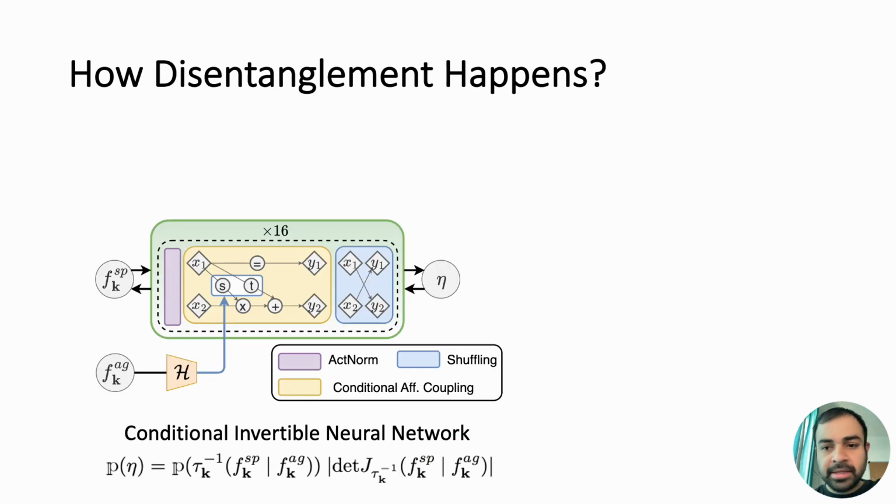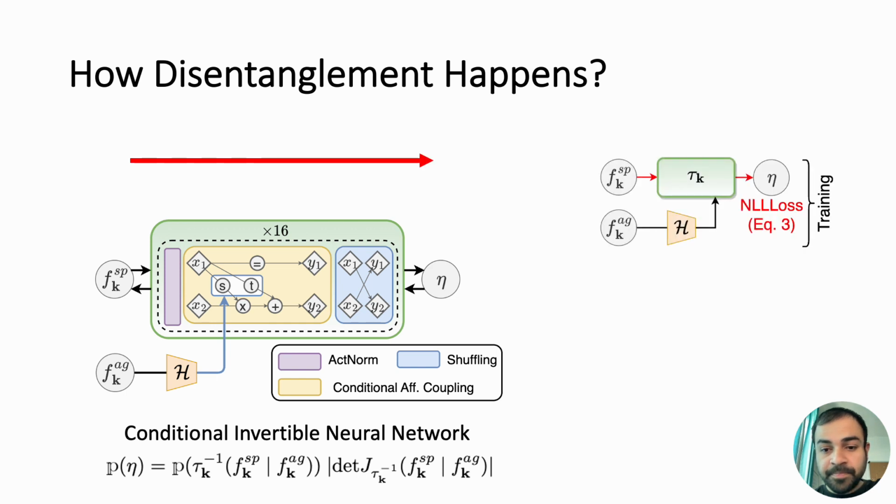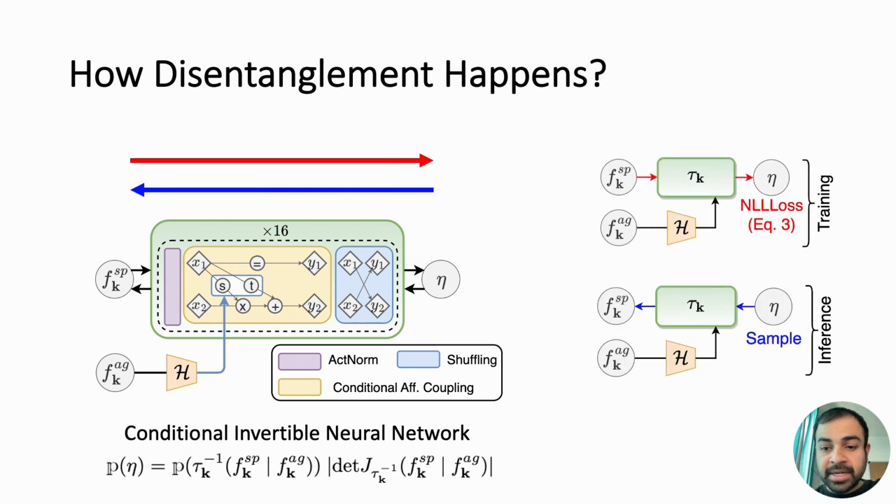Going a bit more technical, this disentanglement is achieved using a conditional invertible neural network. In a typical neural network, information flows from the input data to the output logits. In an invertible neural network, the information can flow either ways, that is, F_spk to eta during training, or the reverse path, that is, eta to F_spk. In a sense, an invertible neural network is a bijective mapping function.